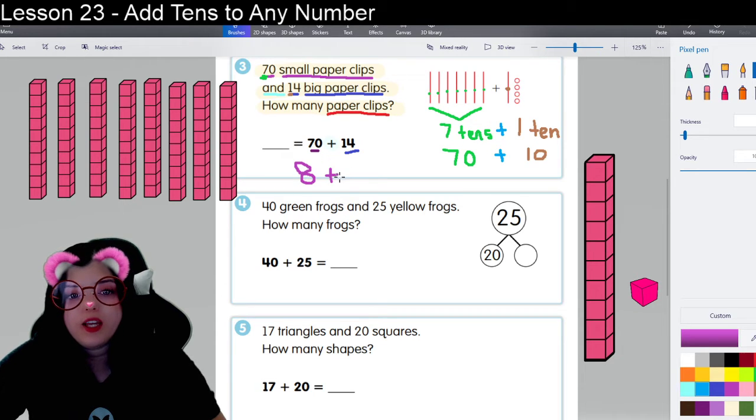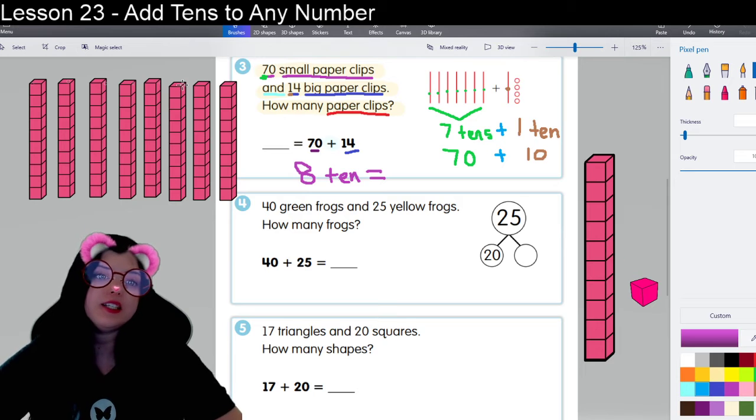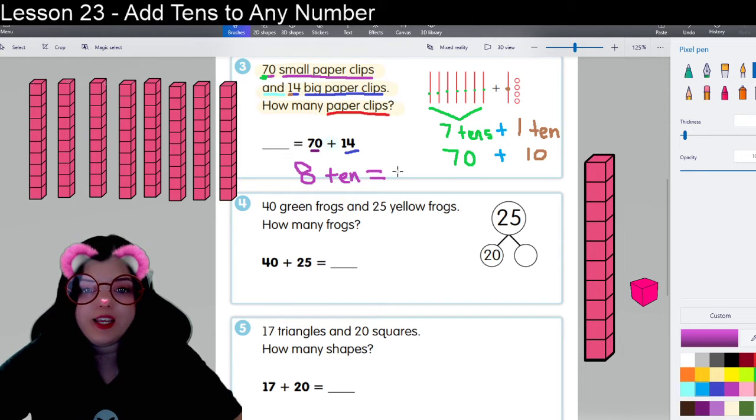And 8 groups of 10 makes the number what? Let's count by tens. Ready? 10, 20, 30, 40, 50, 60, 70, 80. So we know we have at least 80 paper clips.